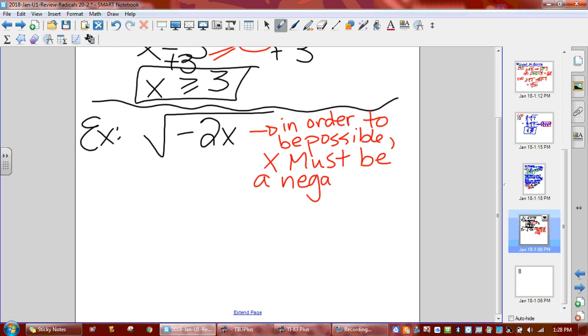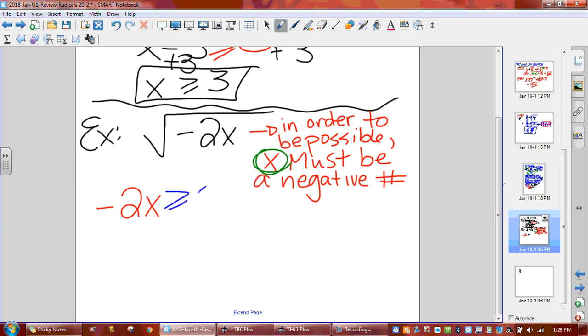And we're going to show you how that actually works. So, I would take my negative 2x out of the root sign. And like we said before, we start greater than or equal to 0, always. Okay? Now, when something's sitting beside it, that means multiply. I'm going to do the opposite, and I'm going to divide to solve for x.